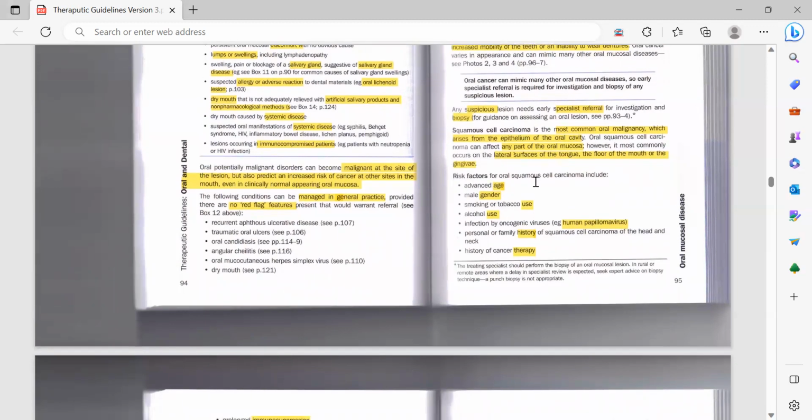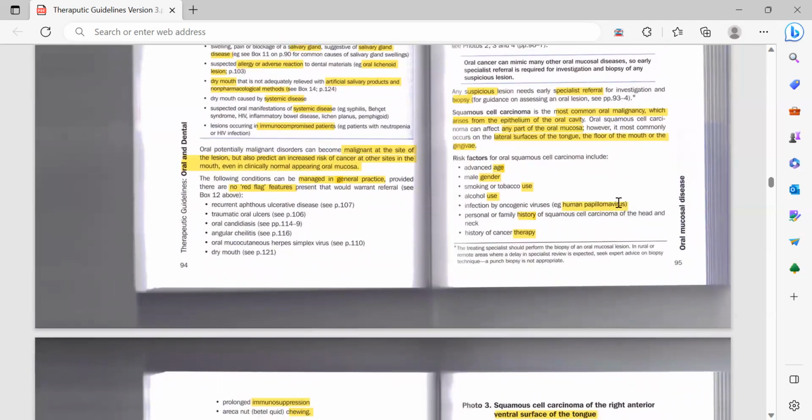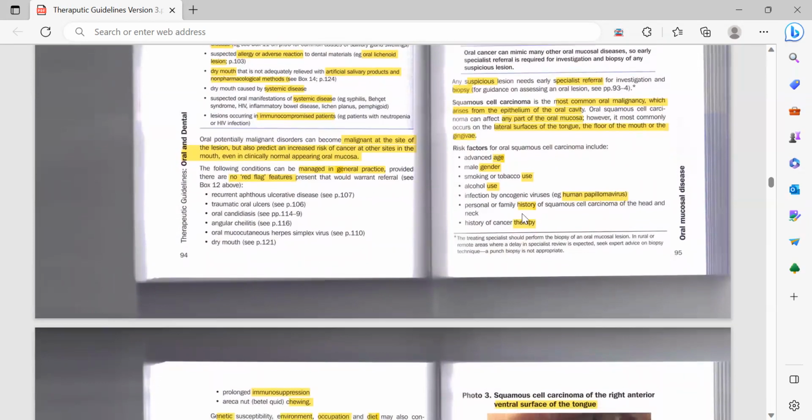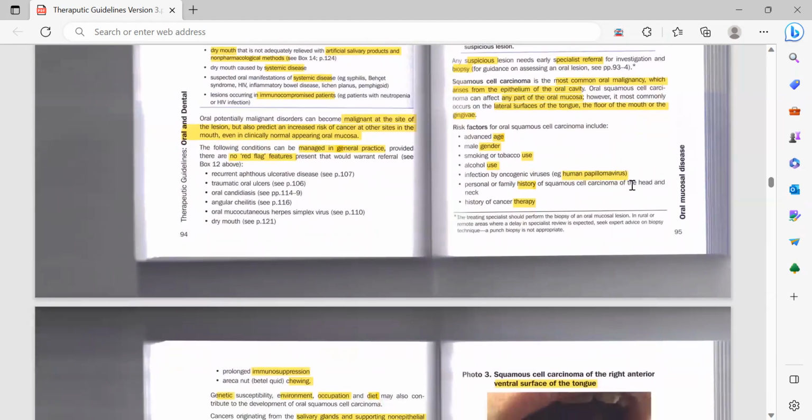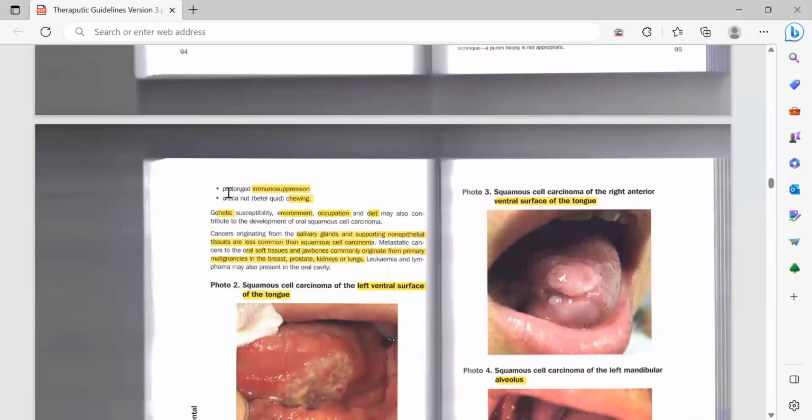The risk factors include advanced age, male gender, tobacco use or smoking, and alcohol, infection by oncogenic viruses such as human papilloma virus, personal or family history of squamous cell carcinoma of the head and neck, history of cancer therapy, prolonged immunosuppression, or betel quid chewing.